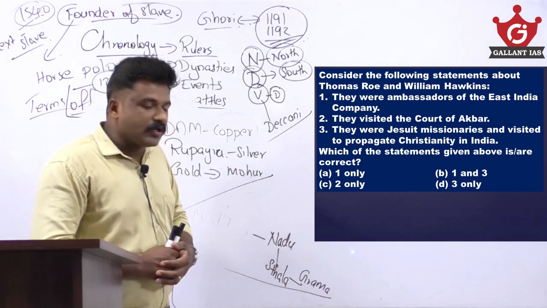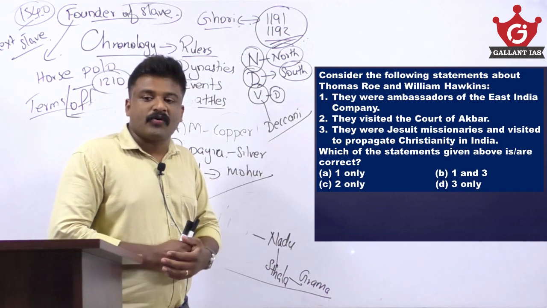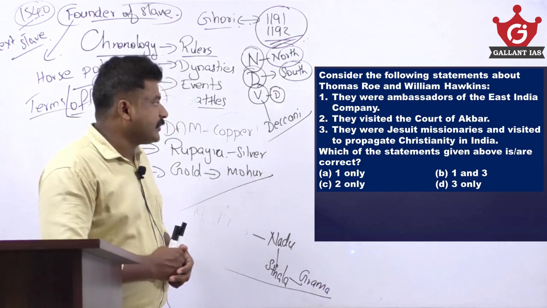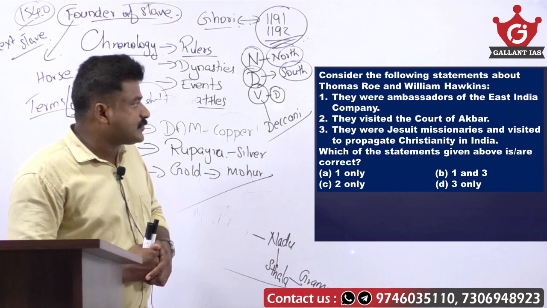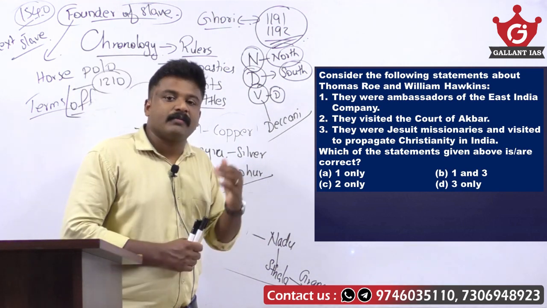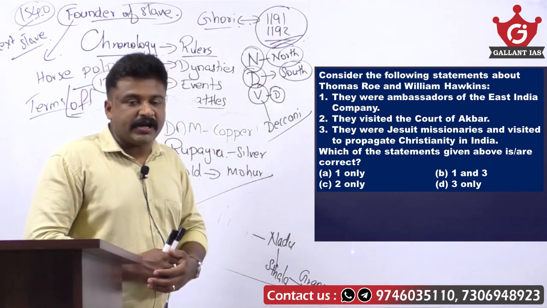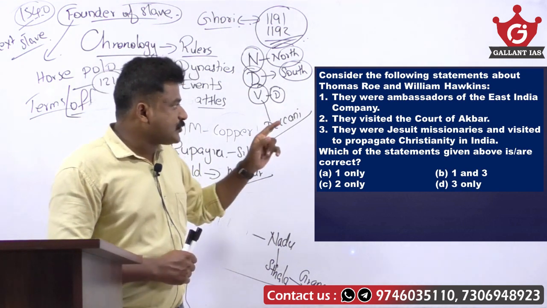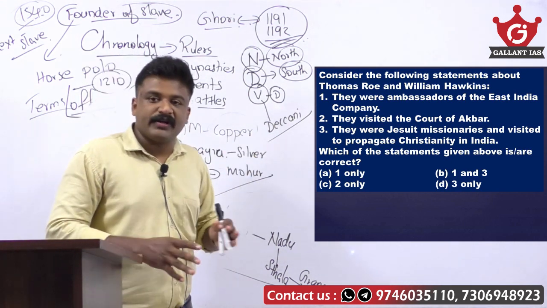They visited the court of Akbar? No, they visited the court of Jahangir. They were Jesuit missionaries to propagate Christianity? No, they were here for trading privileges for the company. So your answer is 1 only.